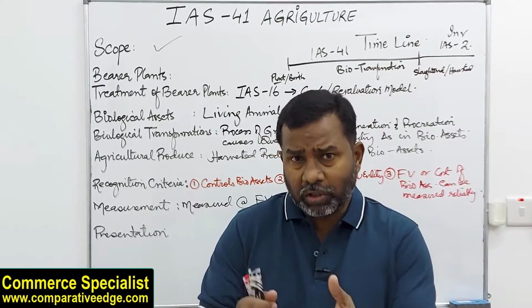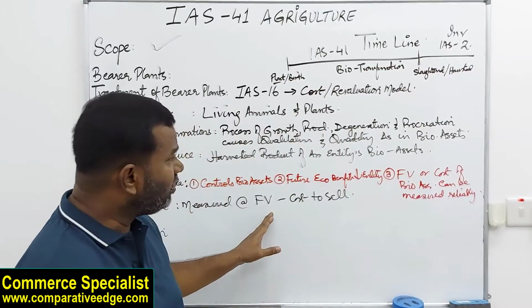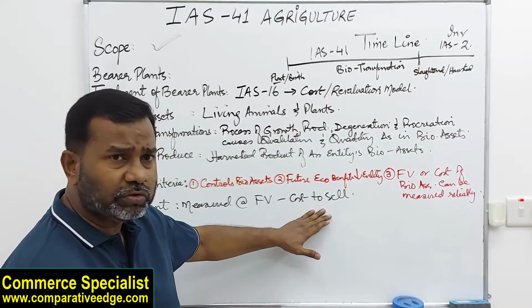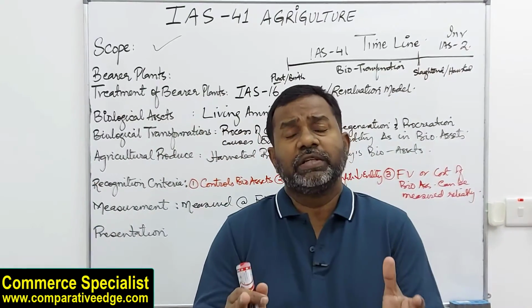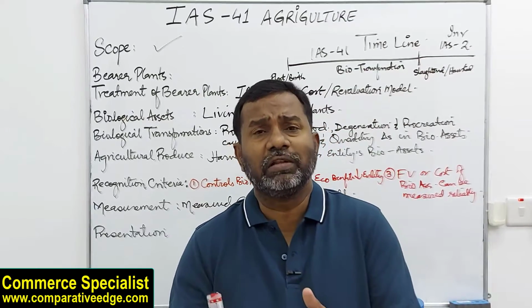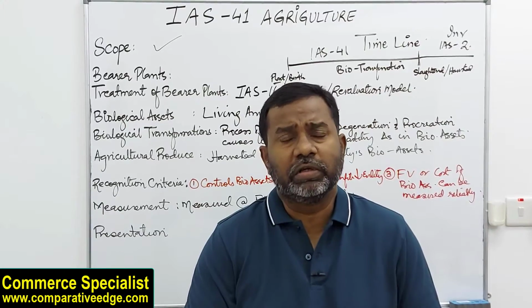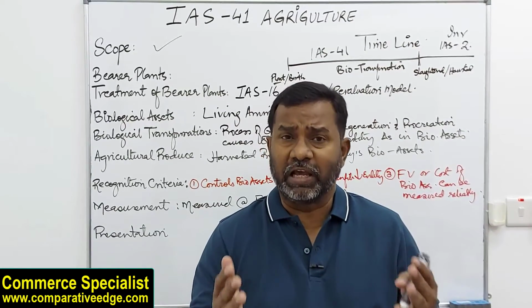If you remember, in IAS 2 Inventories, we value inventories at the lower of cost or NRV. So when we talk about cost, what is cost? Cost is fair value minus cost to sell. After the harvesting, fair value minus cost to sell becomes the cost of the inventories. Any changes in fair value minus cost to sell are recognized in the profit and loss account. Sometimes it is very difficult to measure the fair value of biological assets reliably.